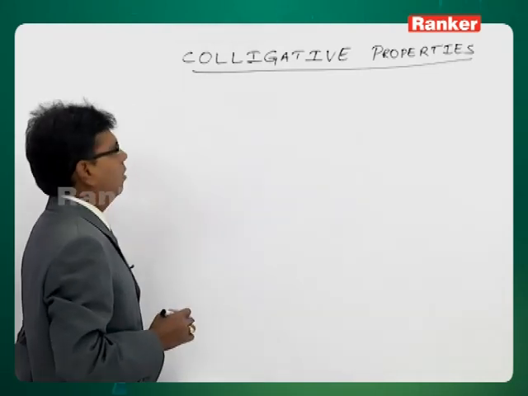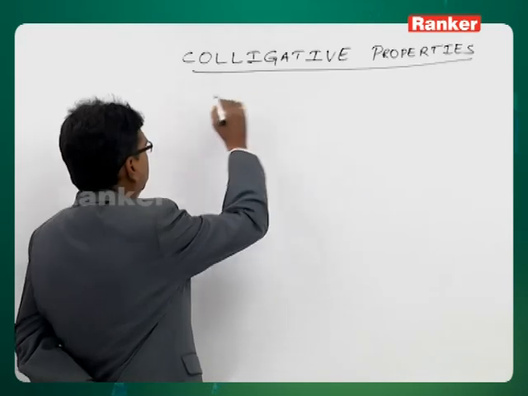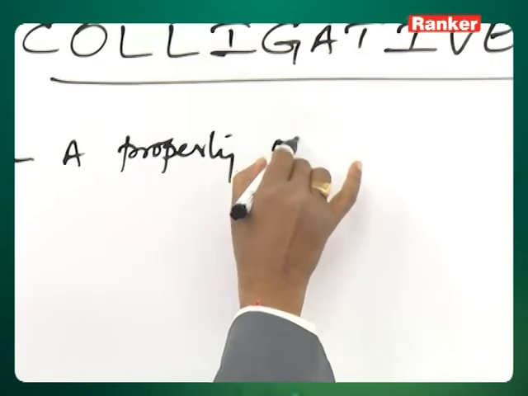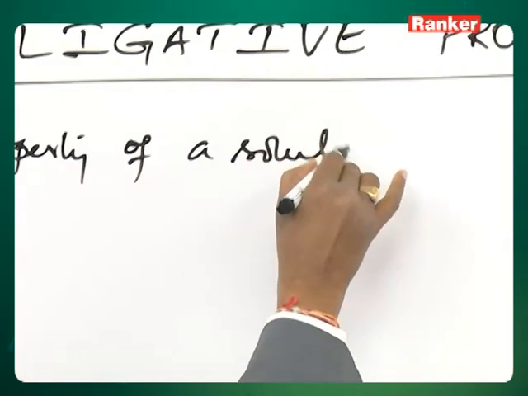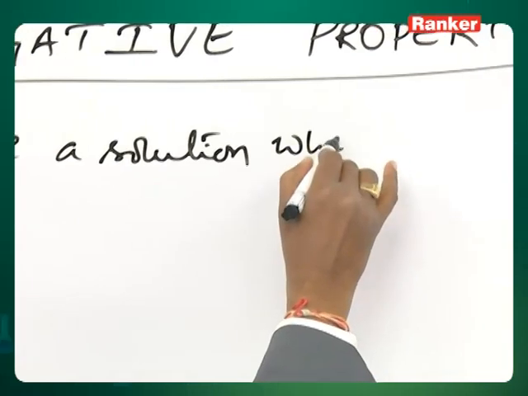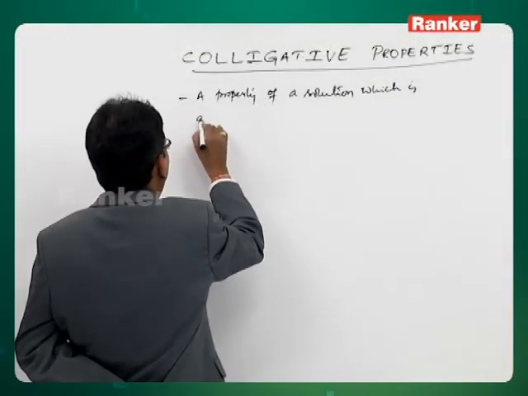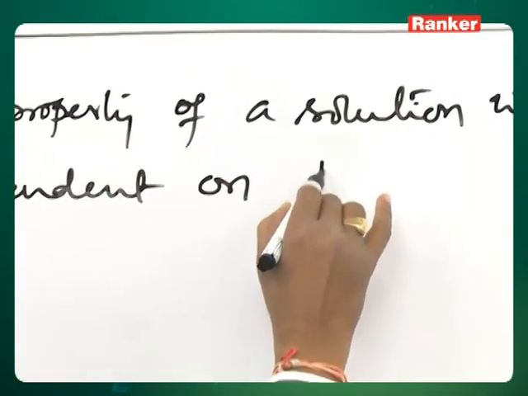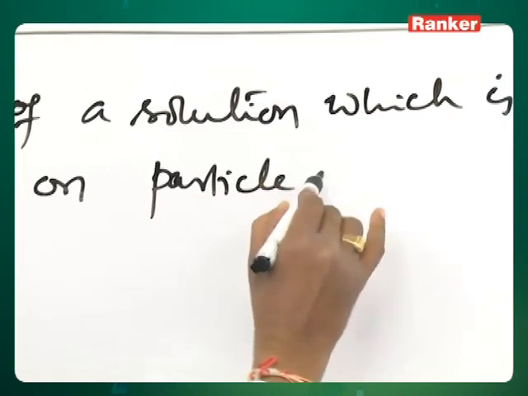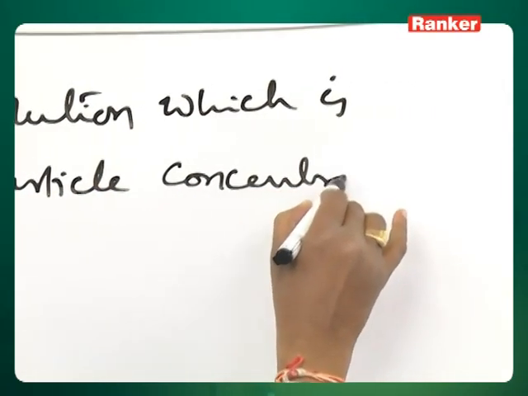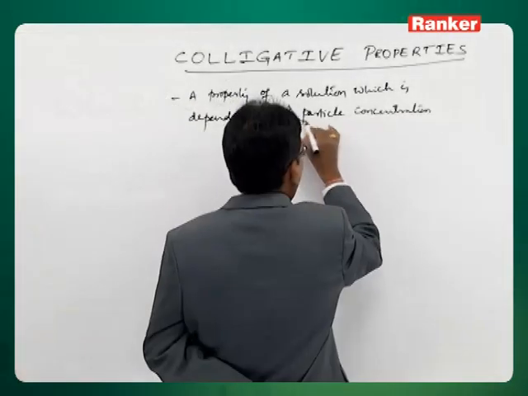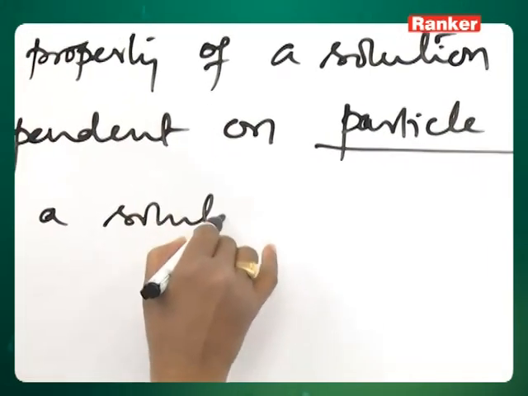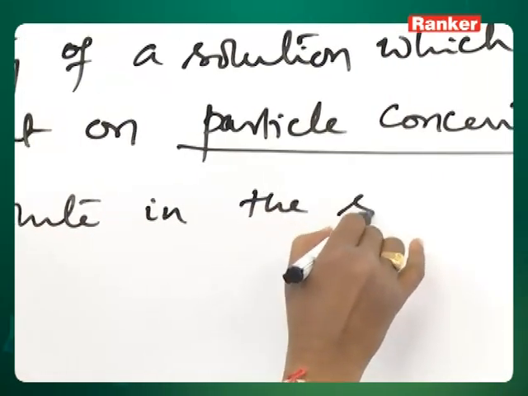Now, first of all, a colligative property is a property of a solution which is dependent on the particle concentration of a solute in the solution.